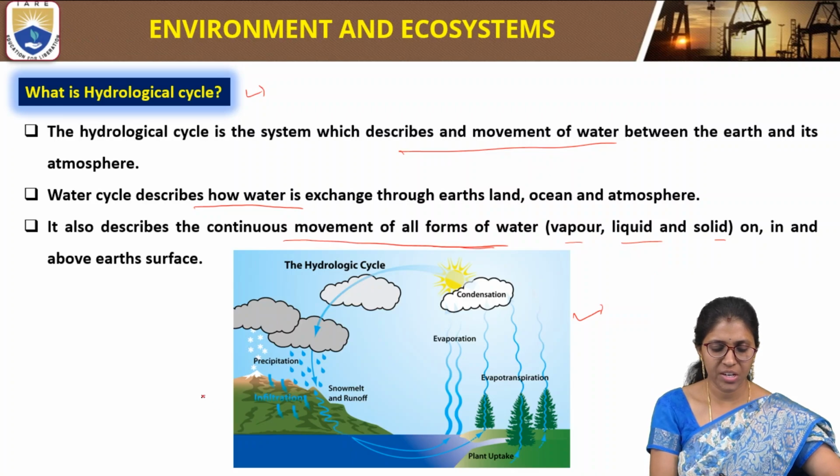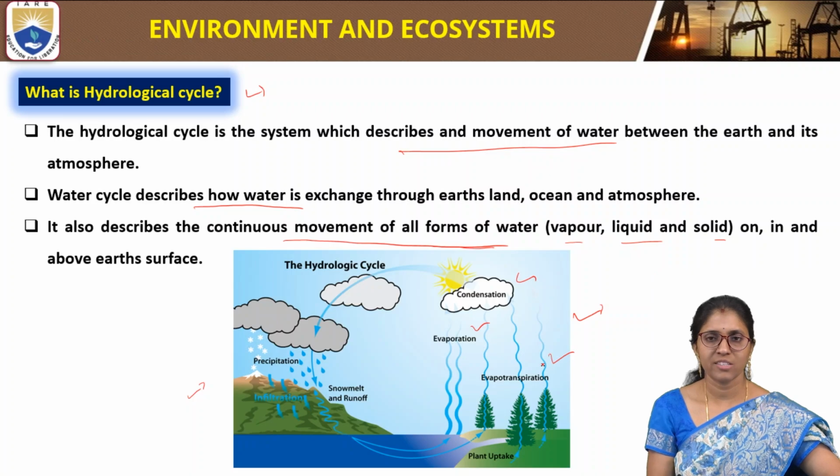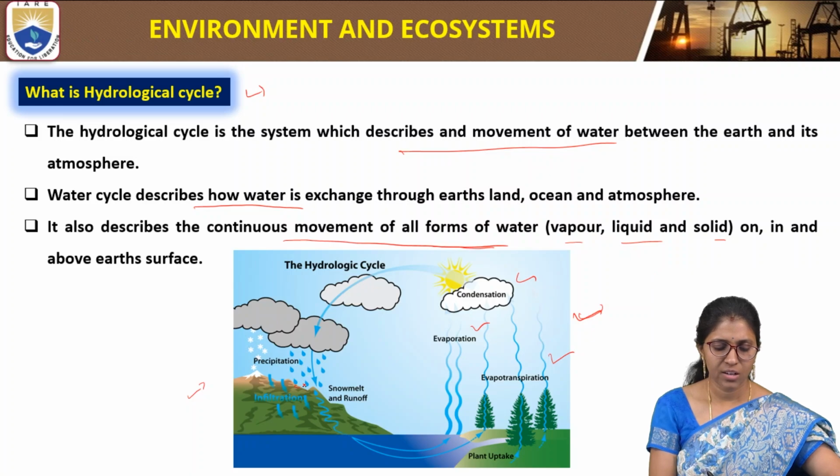It has various stages like precipitation, infiltration, runoff, evaporation, condensation and evapotranspiration. So the hydrological cycle is the movement of water between the earth and its atmosphere. There are different processes in the hydrological cycle: condensation, evaporation, evapotranspiration, infiltration, precipitation and runoff.